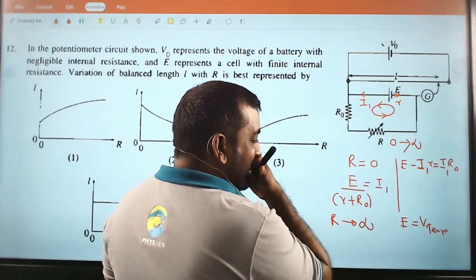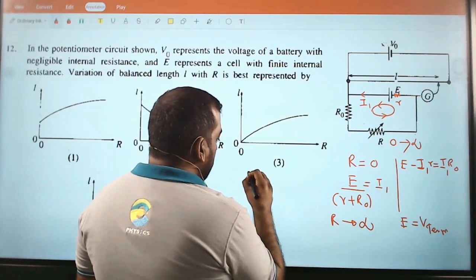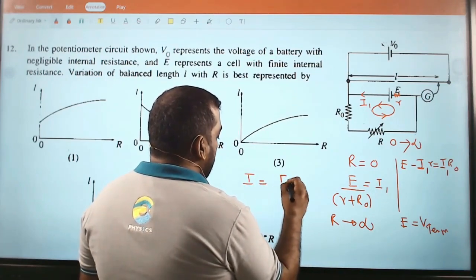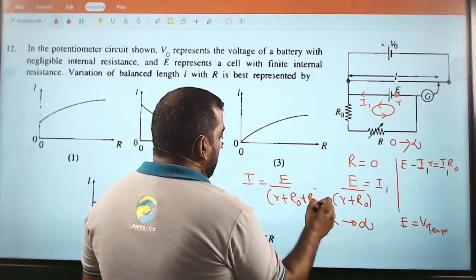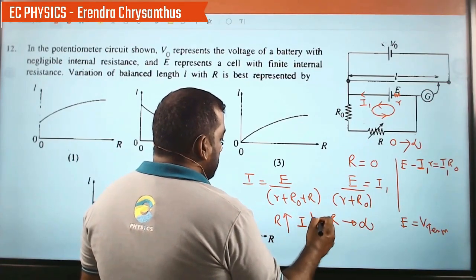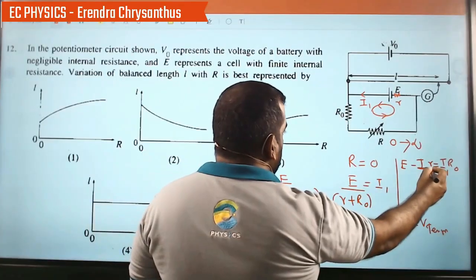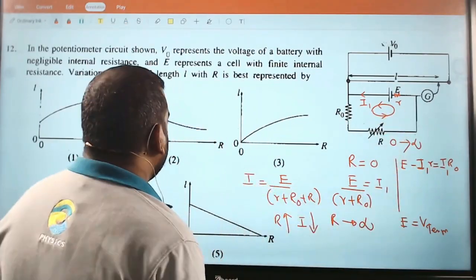Higher voltage, higher balance length. If you write the general equation for the current, E divided by R plus R0 plus R. So when R is increasing, current will reduce. Current will reduce means terminal potential difference will increase.